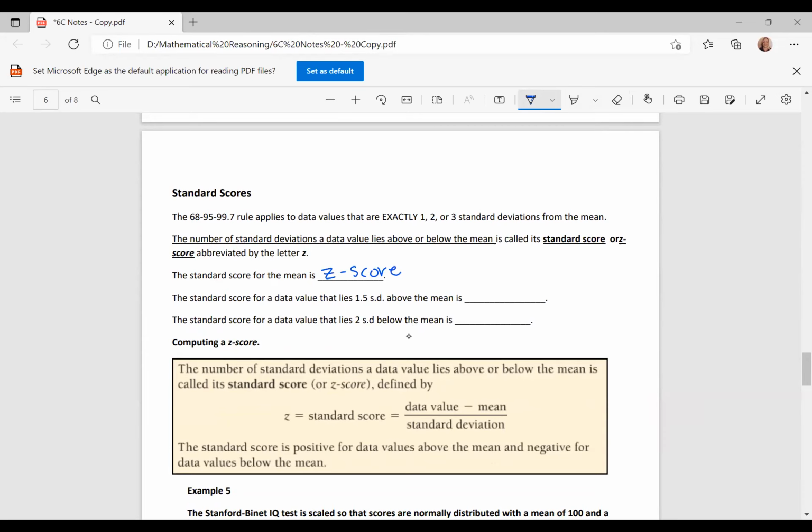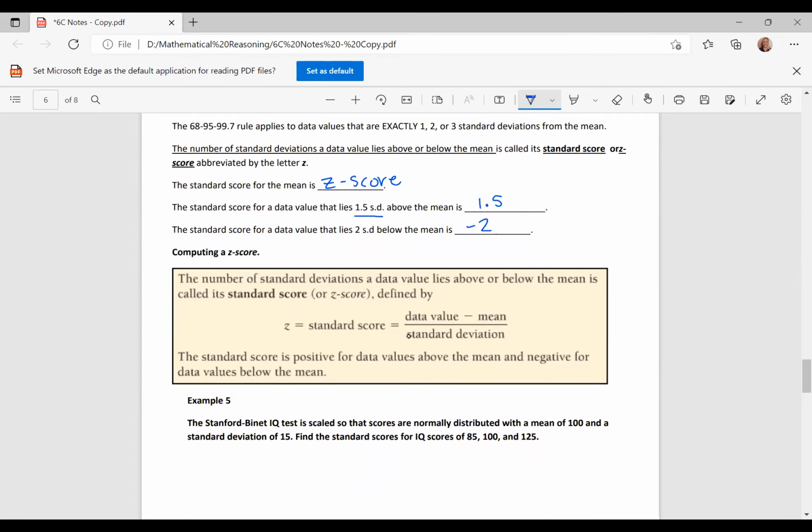The standard score for a data value that lies 1.5 standard deviations above the mean is 1.5. The standard score for a data value that lies 2 standard deviations below the mean is -2, which just makes sense, right? If it's 1.5 above, it's a positive 1.5 for your standard score. If it's 2 below, it's a -2 for our standard score.